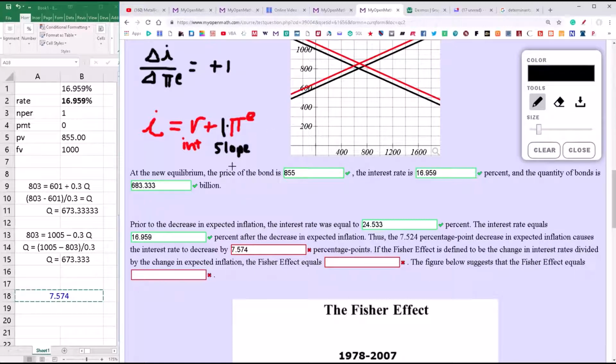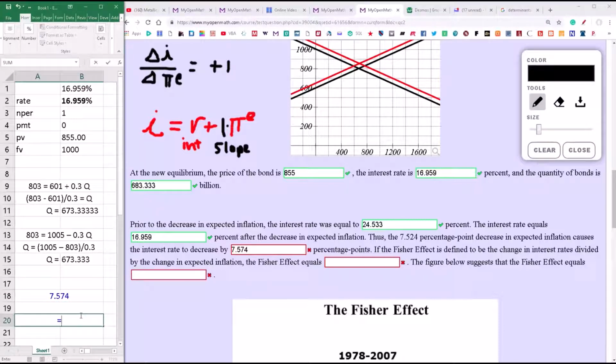So the Fisher effect is defined to be the change in interest rates divided by the change in expected inflation. In our model up here, we have to take this change and divide it by that change. Okay, so the change in interest rates is 7.574.